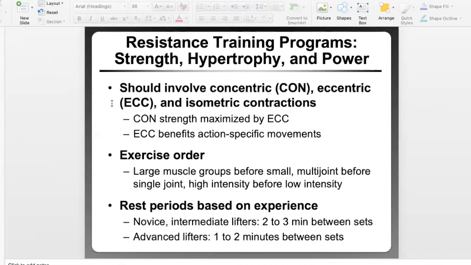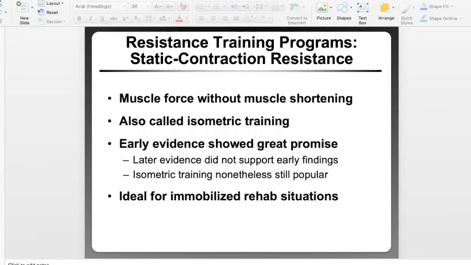Eccentric muscle contractions are absorbing gravity, and isometric contractions are typically so that you can stabilize a joint. We need to work on all of these things. We'll also need to consider exercise order and rest, because rest is important. And I'll show you a couple of different graphs that you can use to figure out how much rest and all sorts of stuff.